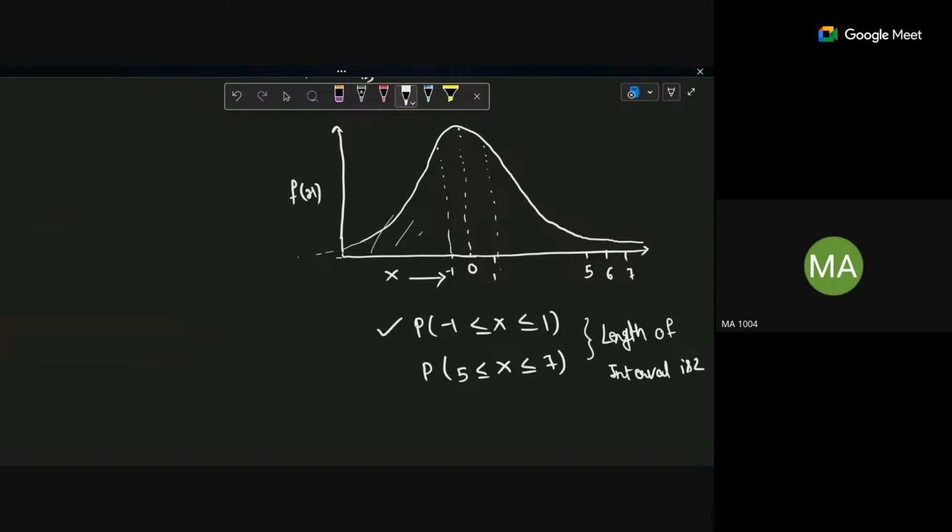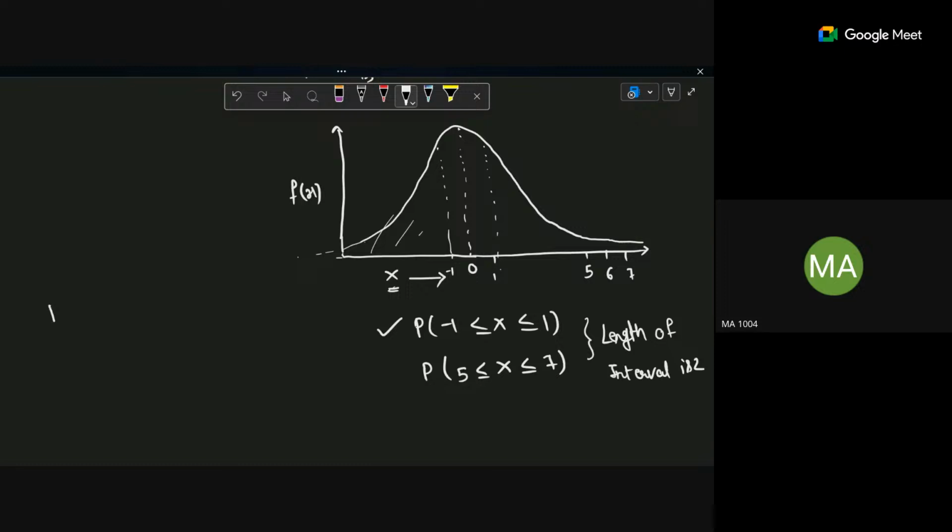Okay, just tell me one thing: what are these values -1, 1, 5, 6, 7? What are these indicating? These are the continuous random variable values in this case. So these are the values taken by this x, right?